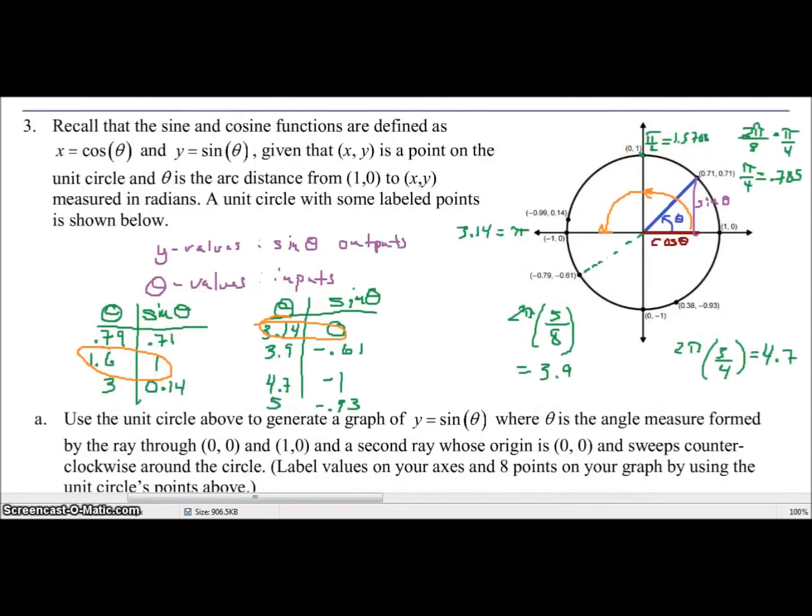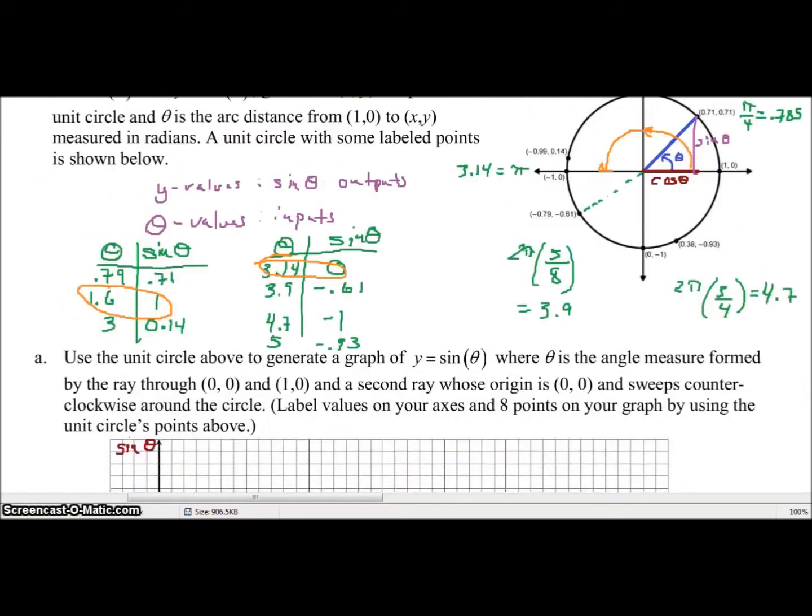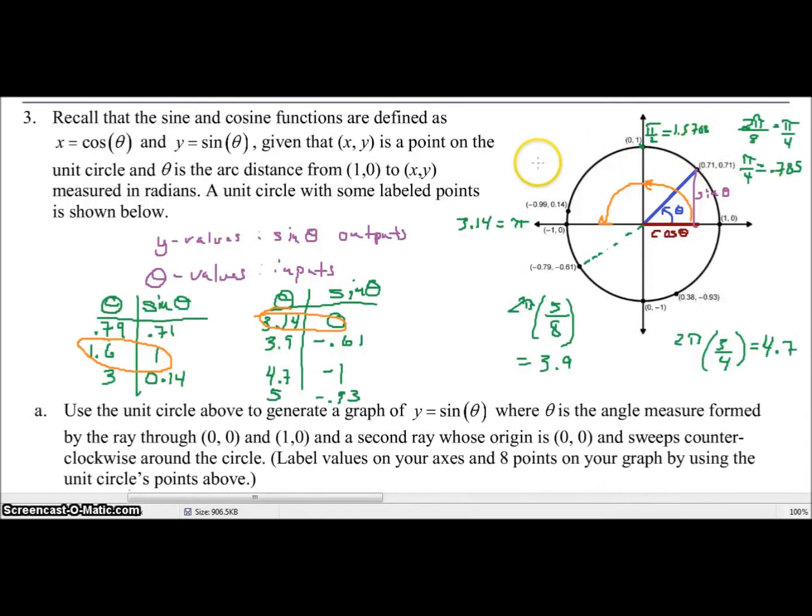Next, when we're at 1.6, the x value is 0. So again, now the x values are the output and thetas are the input. Here at this one, we said that was about 3 radians, and the x output is really close to -1.